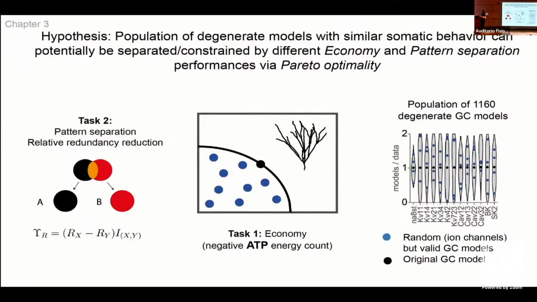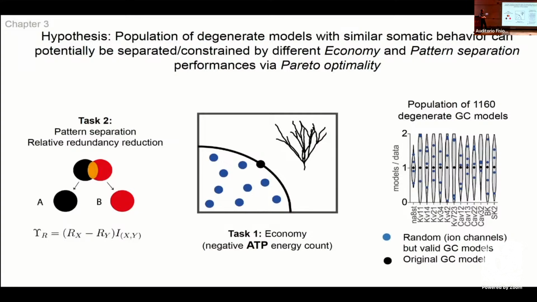And in addition, now specifically for the granule cell, we were looking, okay, maybe we could separate or constrain the population of models that all show the same behavior by looking at the energy and pattern separation performances. So what exactly that is, I will show in the next slide.